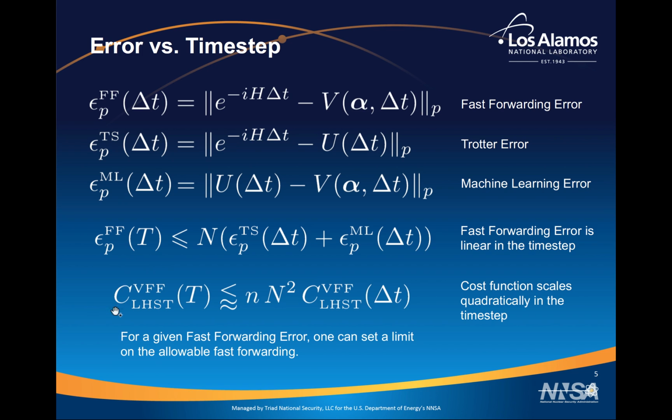And you can translate this roughly into the fact that the cost function will always be less than about n squared times the cost function at the end of the optimization loop.